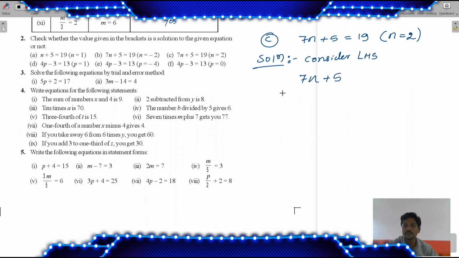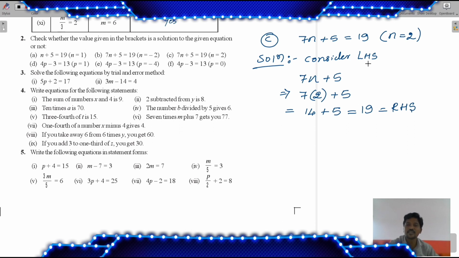Now substitute, 7 into the n value he has given, 2, plus 5. 7 twos are 14, 14 plus 5. 14 plus 5 is 19, which is equal to RHS.